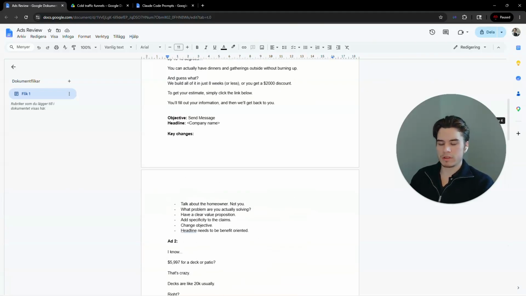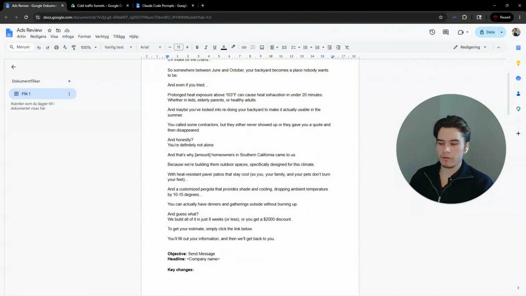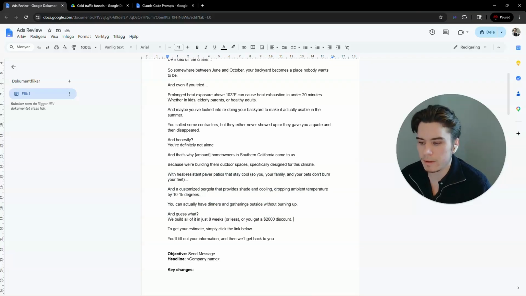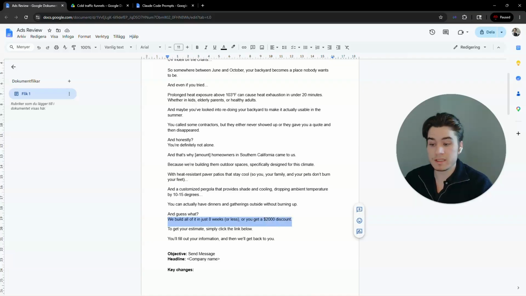So if we go to our example, the offer is, we'll build all of this in 8 weeks. And if we were to drive people to a landing page where, for example, they may fill out the form, what I would have on the landing page is a headline that basically restates this and builds upon what they read in the ad. And below it would, for example, be information about the business, maybe testimonials, maybe project work, maybe introducing the team or the owner, right?